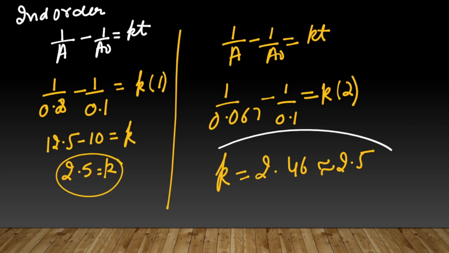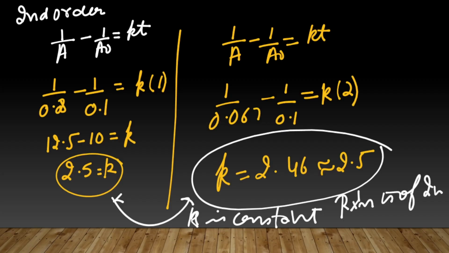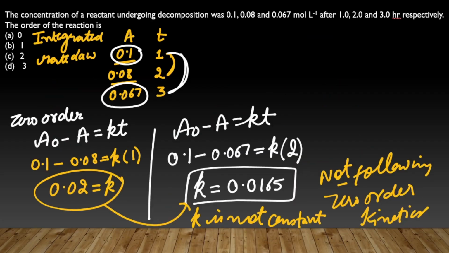So you see the rate constant in both of the scenarios is the same. That means the rate constant K is constant. So the reaction is following second order kinetics. So this is how the integrated rate law expressions have to be used. That means the order of the reaction is second, which is given to us in option C.